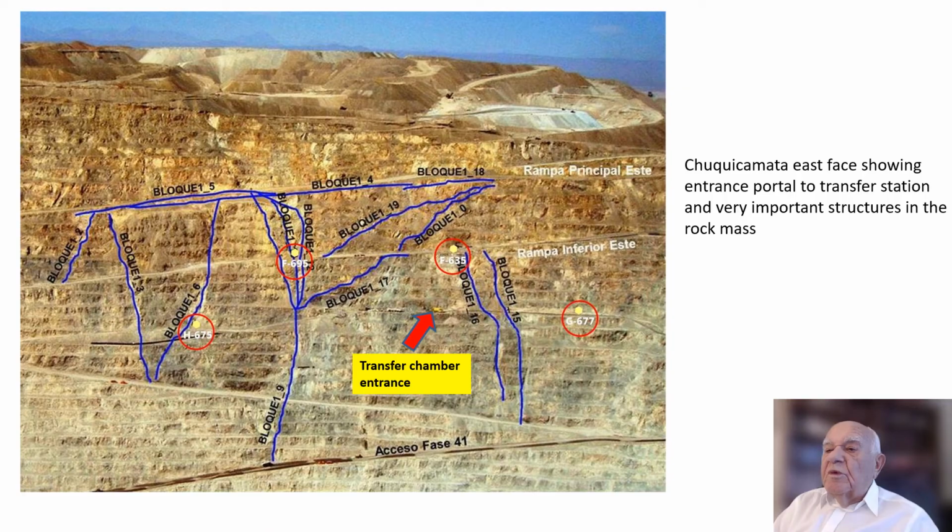I was responsible for monitoring this analysis and assuring that the critical issues were addressed. The Fortuna granodiorite rock mass in this 200-meter high section of the east wall was incorporated as a homogeneous rock mass. The very important structures shown in blue were included as planes in this model.